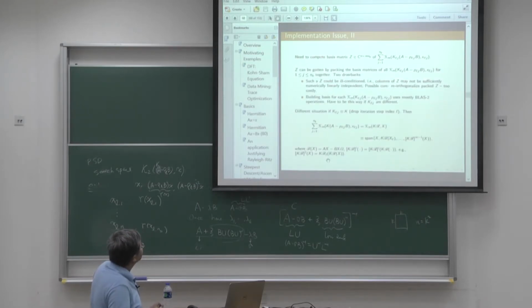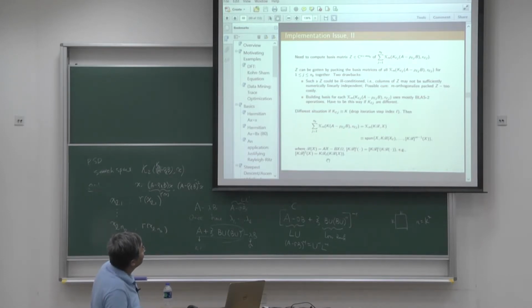That's the first issue. Second issue, how do you compute the basis, right? You need to compute a basis. There are a couple of options. The first option is a sum of several Krylov subspaces of one vector.